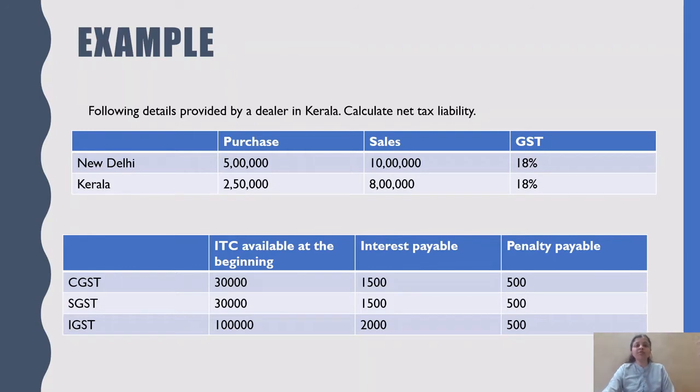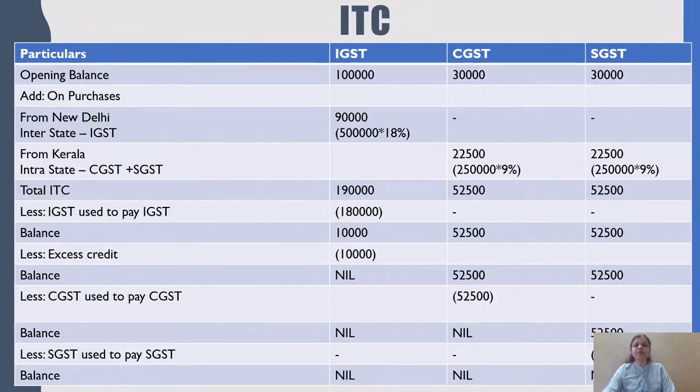So on this 5 lakh rupees transaction, 18% will be calculated under IGST. So further, along with the opening balance which is available under IGST, we will add the tax which is paid for the purchases from New Delhi. So on 5 lakhs, 18% will be calculated, that is 90,000 will be the further input tax credit which will be available under IGST.